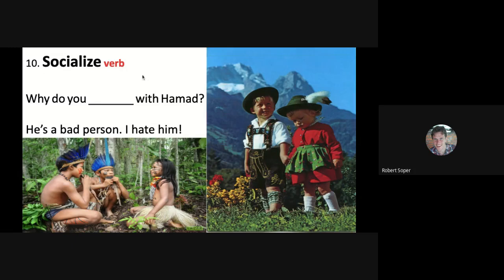Can you only socialize with your friends, or can you socialize with other people? Nope, you can socialize with other people. You don't just need to socialize with your friends. In fact, you can socialize with strangers. So if you meet up with strangers and you talk with them, you are socializing with them. So yeah, that's a good one to keep in mind.